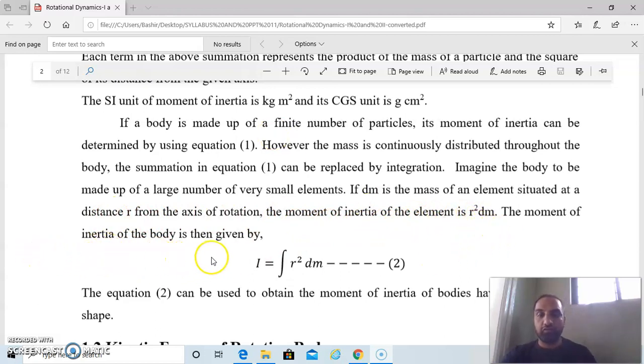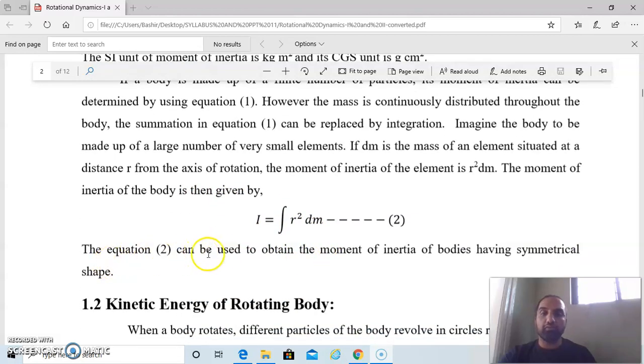Then the moment of inertia of the entire body, written as I, is equal to the integration of r square dm. So this equation number 2 can be used to obtain the moment of inertia of any body having a symmetrical shape. In this way we can find the moment of inertia.